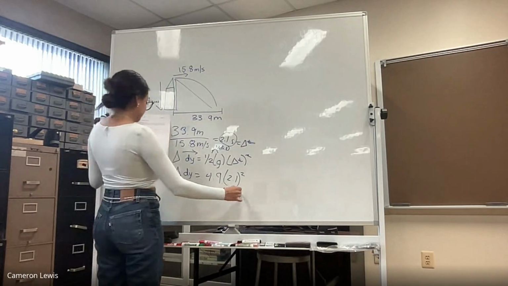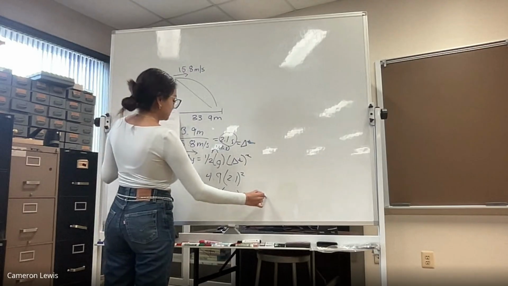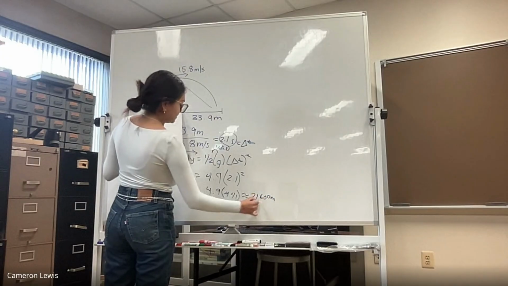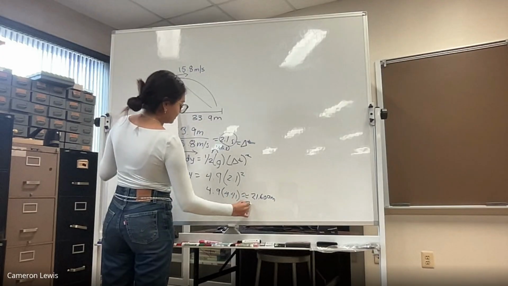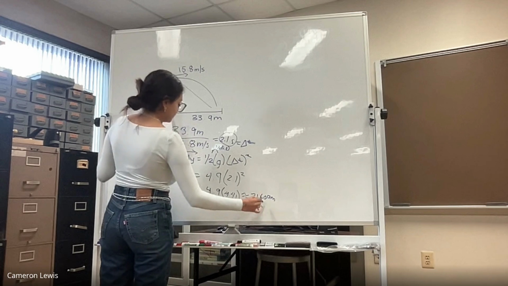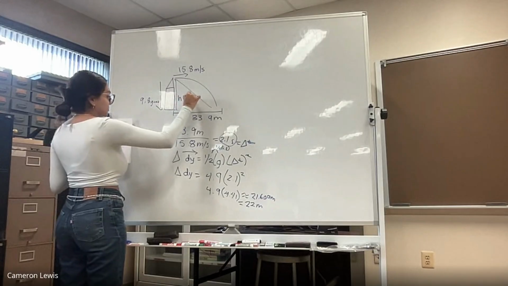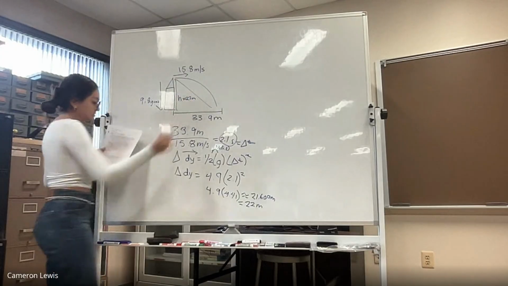And that's going to equal approximately 21.609 meters. And then from there, we just round up to around 22 meters. And that's going to equal our height. Approximately 22 meters for the height.